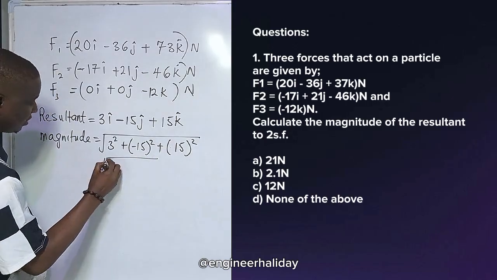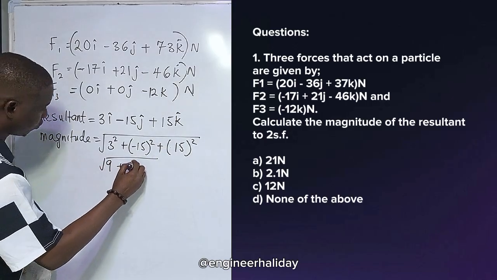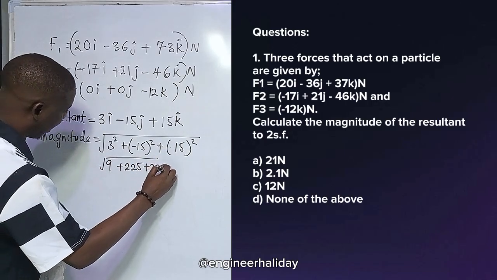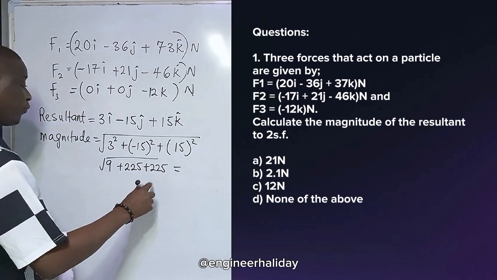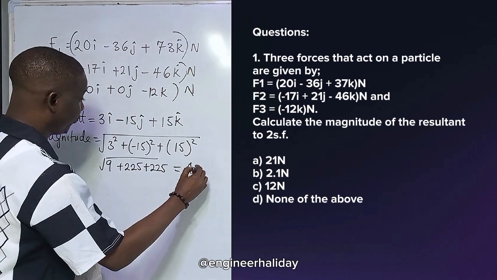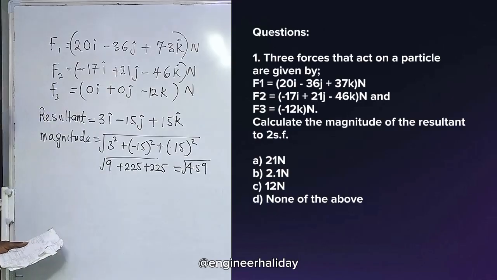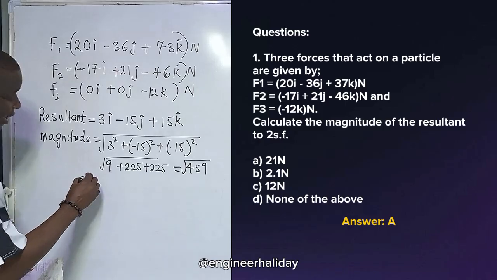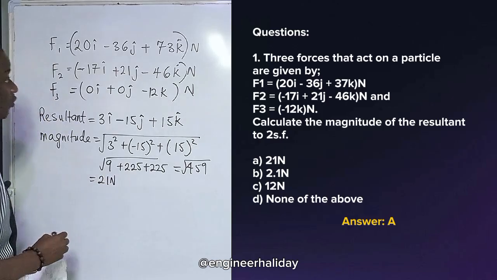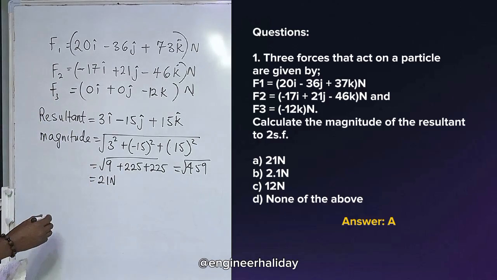And that will give us 9 plus 225 plus 225. 225 plus 225 will be 450, plus 9 is 459. And the square root of 459 should give us 21 Newton. That's what we are going to have. Is that clear? Okay, let's go to question number 2 now.